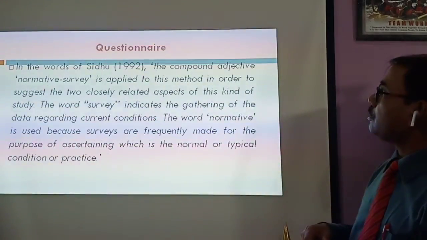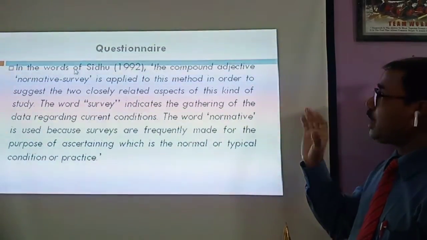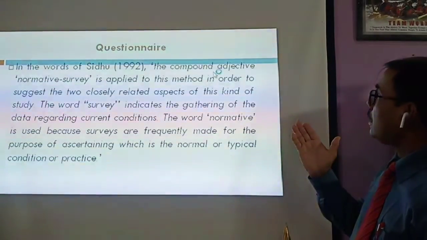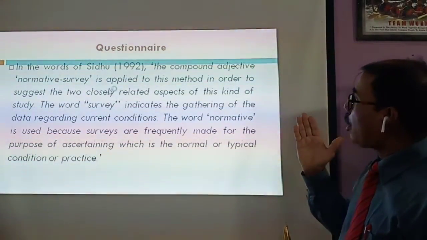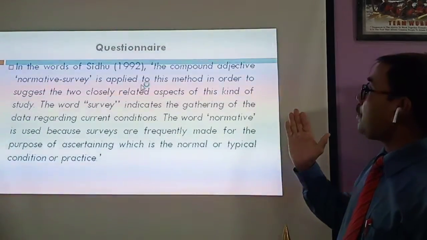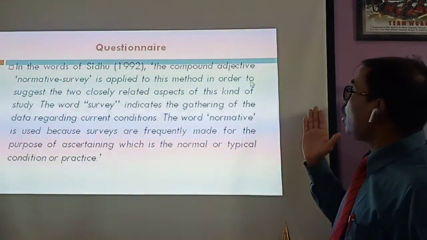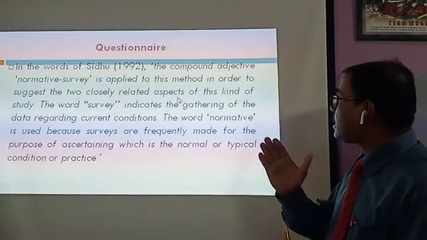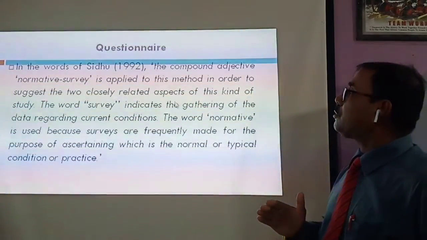Let us go back to the next one. In the words of Siddhu, there is a good book by Siddhu, and he explains that compound acceptive normative survey is applied to this method in order to suggest the two closely related aspects of this kind of study.